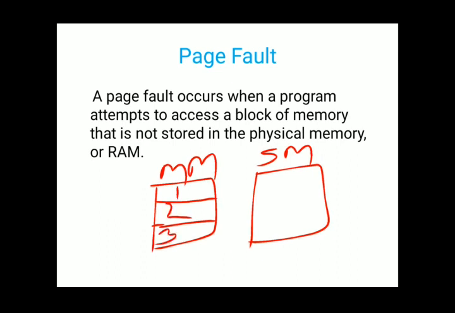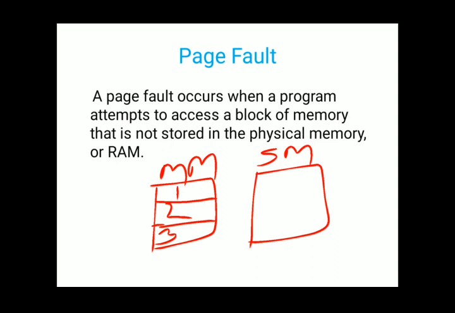Now we are going to access the data 4 from the main memory. 4 is not available in the main memory, so in that case the page fault will occur. I hope this concept of what a page fault is, is clear to all.